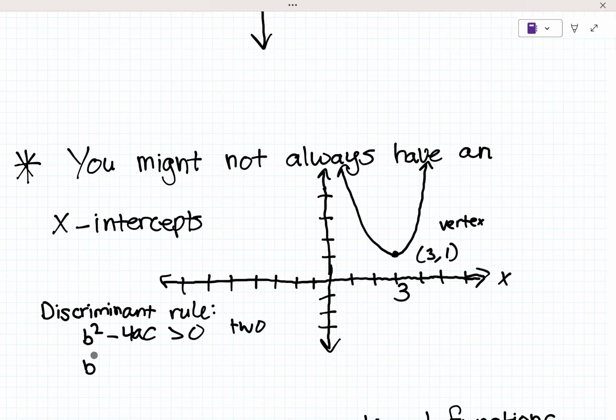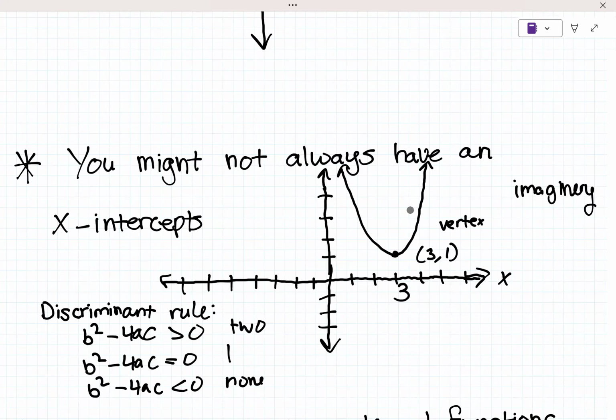If b squared minus 4ac is equal to 0, you only have one x-intercept. And if b squared minus 4ac comes out negative, you have none. What you could also have is what's called imaginary roots. In this situation, this would be imaginary, but that'll be in another lecture.